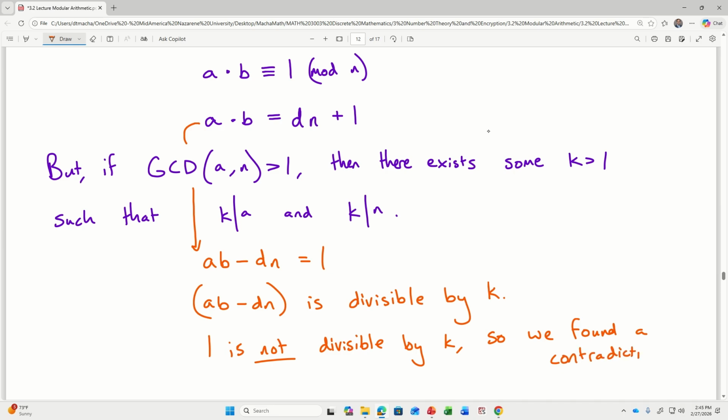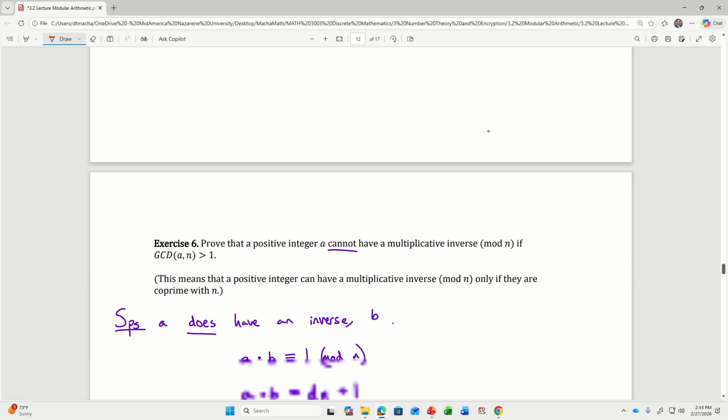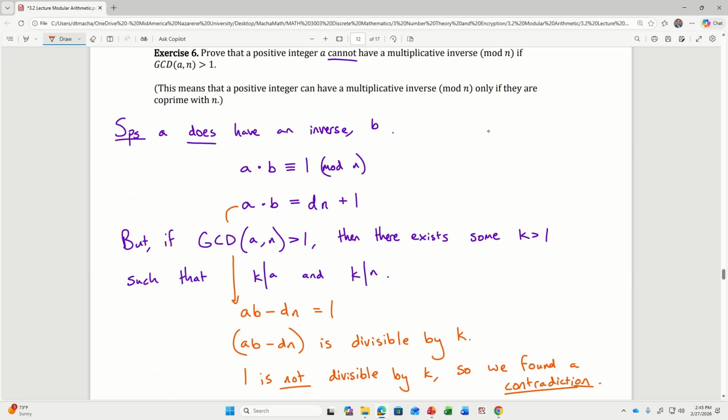Wait, why were we looking for a contradiction? Oops. So what we're trying to prove is that a positive integer a cannot have a multiplicative inverse mod n if a and n are not coprime.